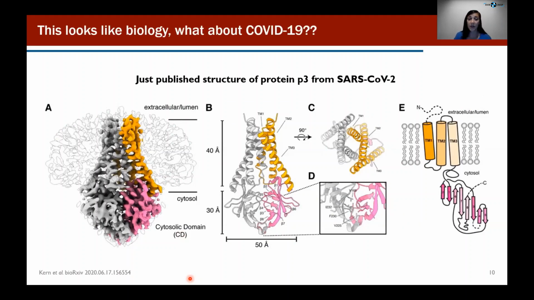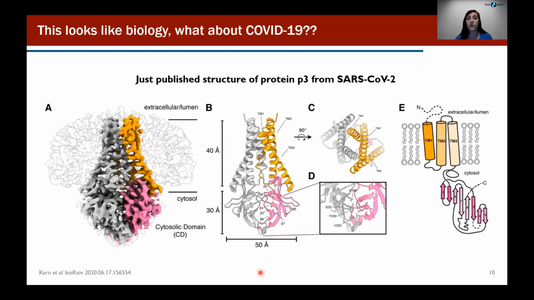It's a great question. And so this is a published structure that just came out last week as of recording this. And this is the protein P3 from SARS-CoV-2. And this protein is shown to have some ion transport function, although there are still many questions about its function, and even about its structure and whether this is the full story here or not.